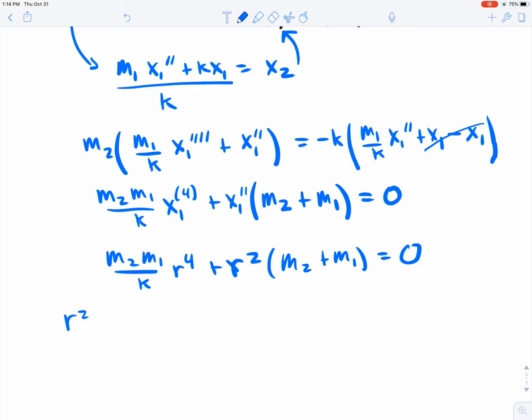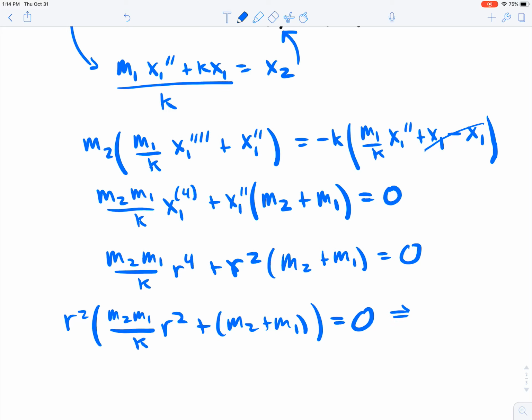Factor out the r squared. You're going to get r squared times m2 m1 over k r squared plus m2 plus m1 is equal to 0. So we get that r squared is 0. So 0 is a double root.